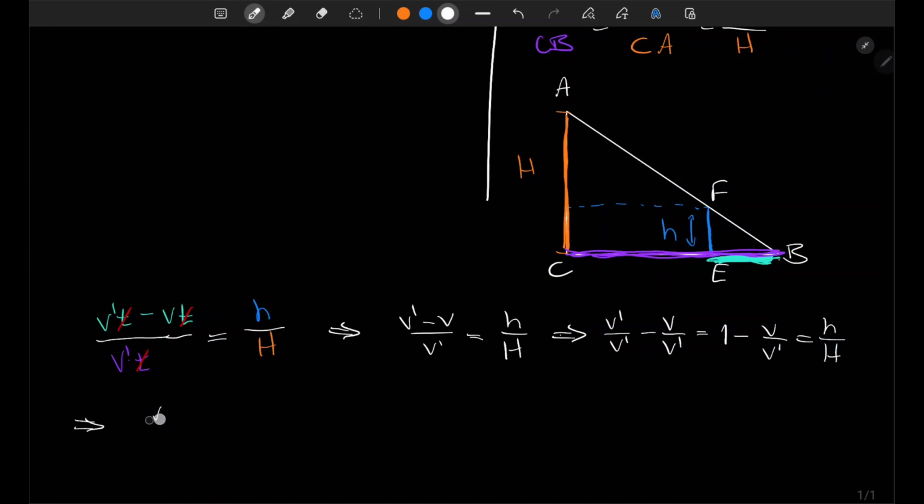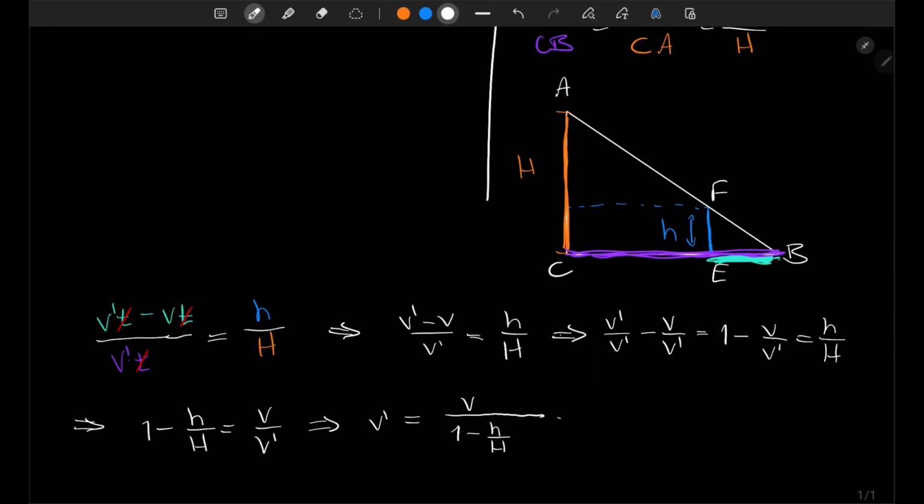So I have 1 minus little h over big H is equal to v over v prime. Then I multiply this guy over and divide this whole thing over. So v prime is equal to v over 1 minus little h over big H.